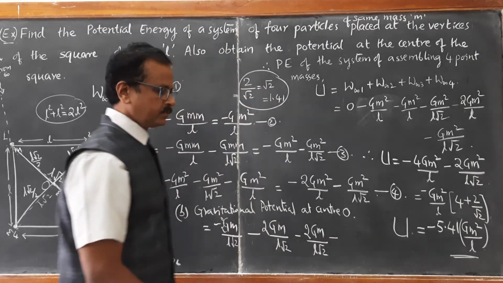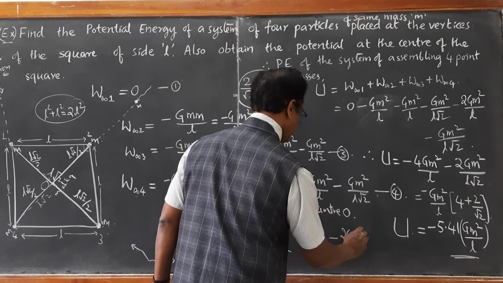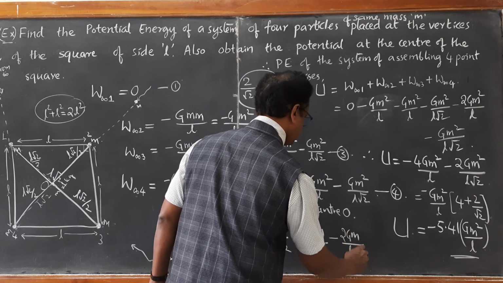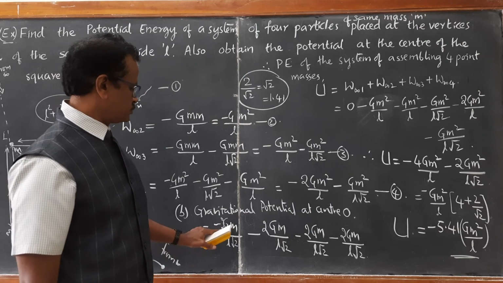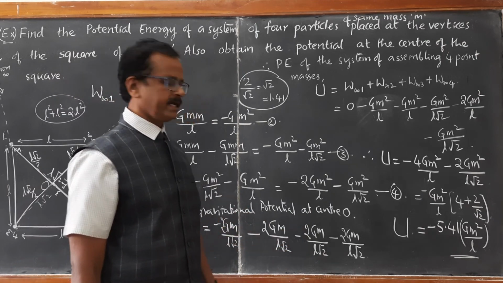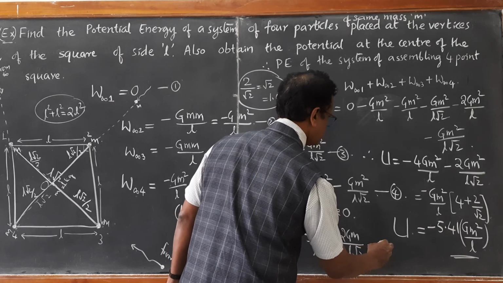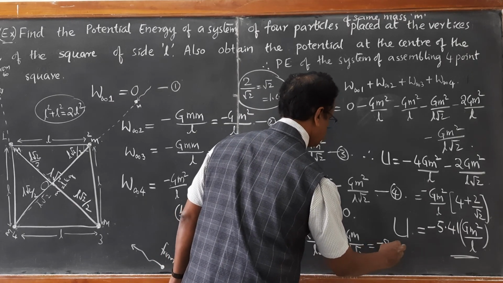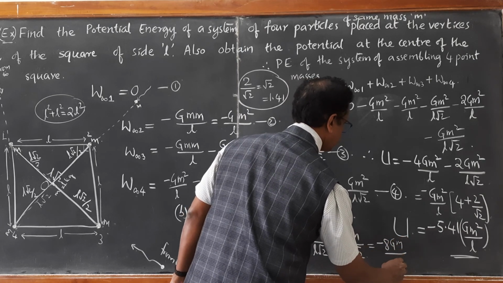The fourth one also: minus 2 Gm upon L root 2. So it's very easy to add now. Minus 2, minus 2, minus 2, minus 2, minus 8. So it becomes minus 8 times Gm upon L root 2.